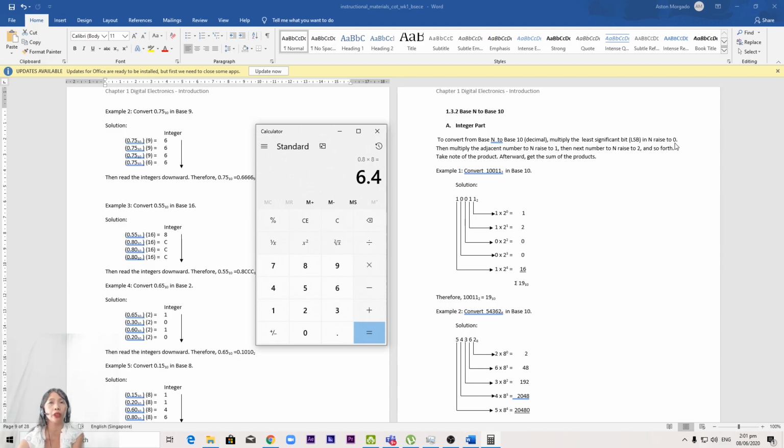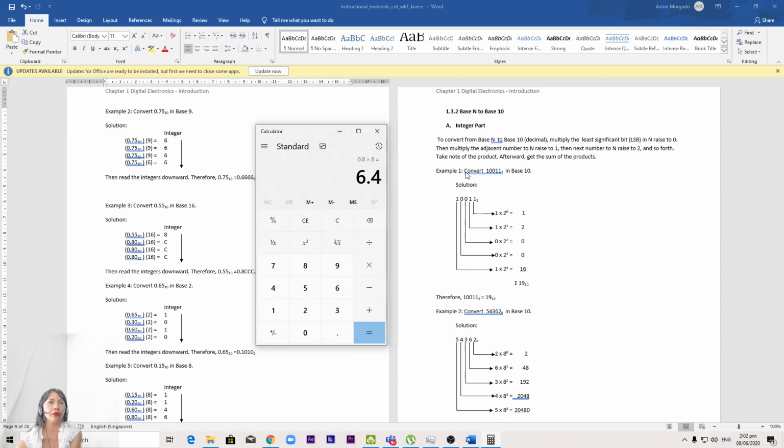So your exponent would be 0 for the LSB. Then multiply the adjacent number by n raised to 1, the next number by n raised to 2, and so forth. We start with exponent 0, then increase the exponent by 1 each time, so this becomes 1, then 2, 3, 4, and so on.